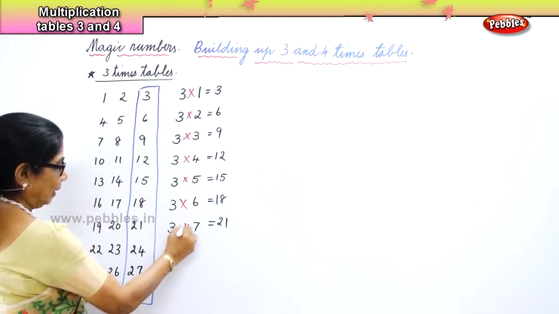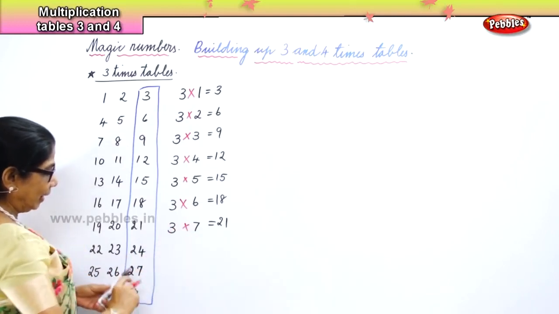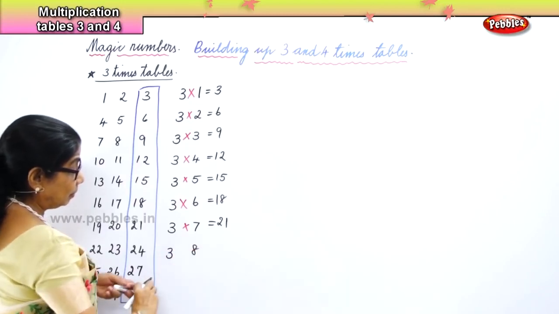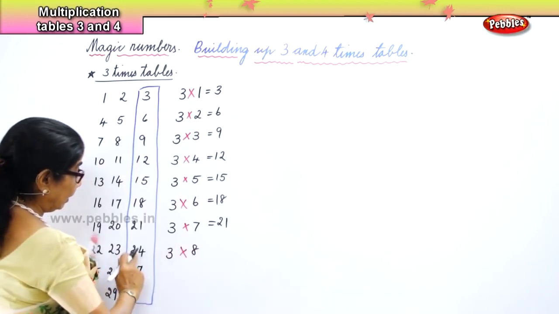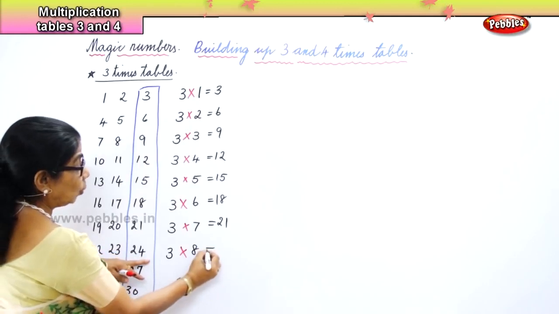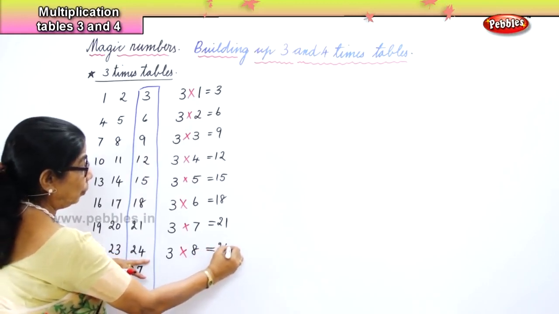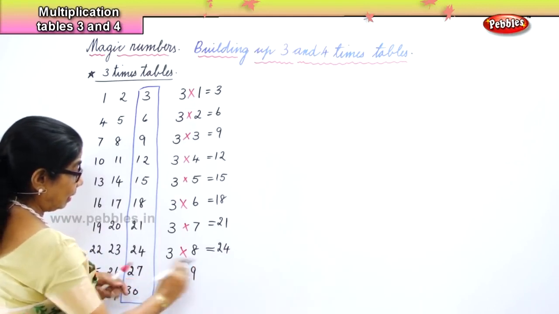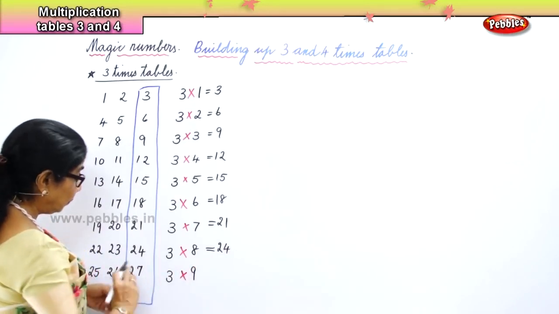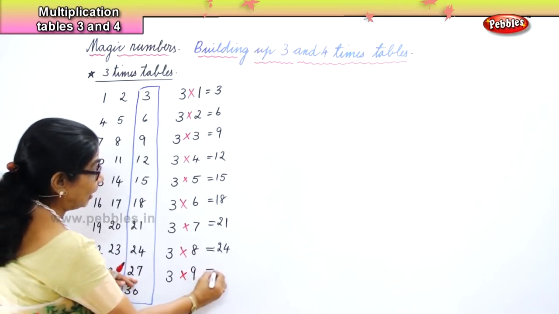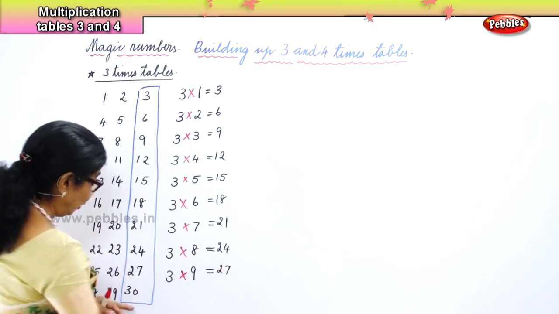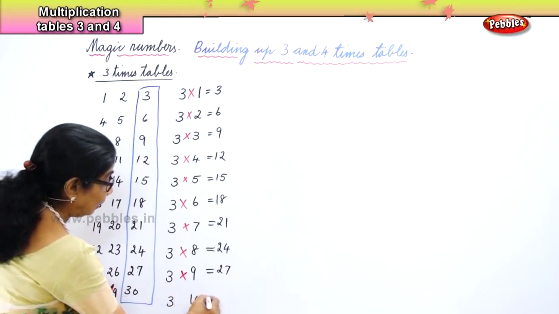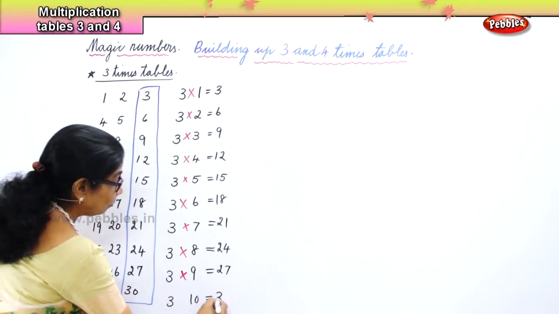Good. Next, 3. 8 times. 3 eights are 24. And next, 3 nines are 27. And finally, you have 3 tens are 30.